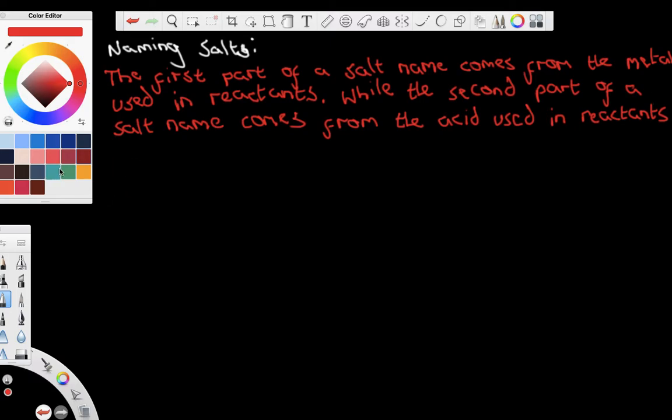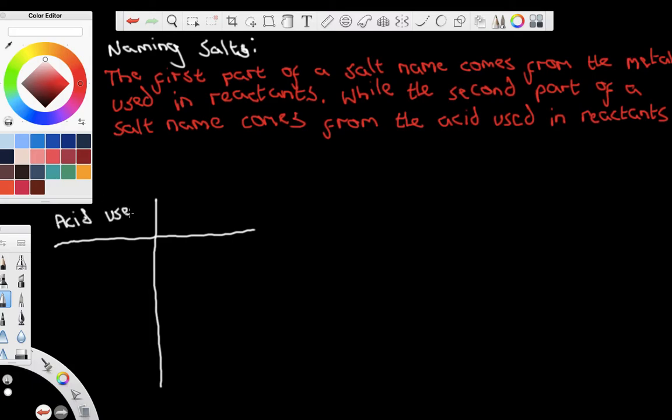So let's have a think about this before we move on. We can draw ourselves a little table, and we can put acid used, and in the second column we can put salt name.